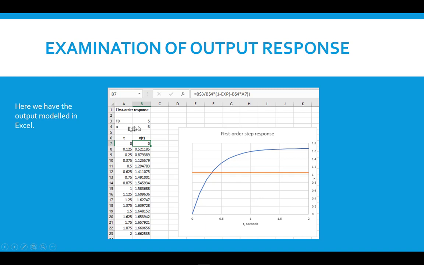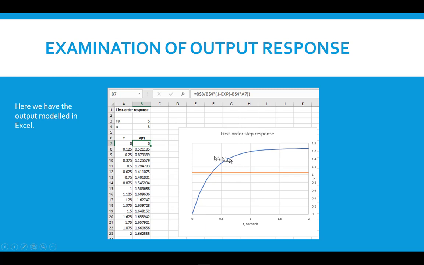And then a, I've given it a time, 1 over a is a time constant, so the time constant is 1/3 of a second. And using that expression with these inputs for t, I came up with these answers for x sub t. That's the response of x sub t, and then plotted these as this curve here. You can actually look and see this is just a bunch of little straight lines.